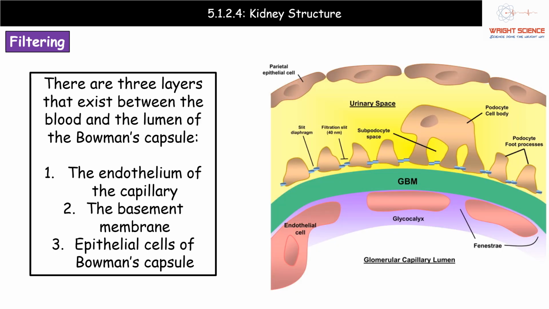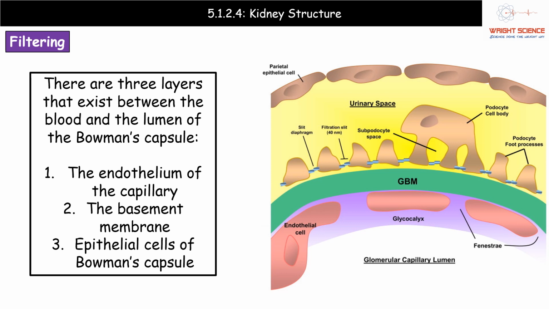In terms of how the kidney is actually going to do this filtering process, we need to understand these structures that exist between the actual blood in the capillary and the filtrate in the Bowman's capsule. So we've got three layers that exist between those two regions. First one is the endothelium of the capillary, and we can see that on the diagram in the purpley section.